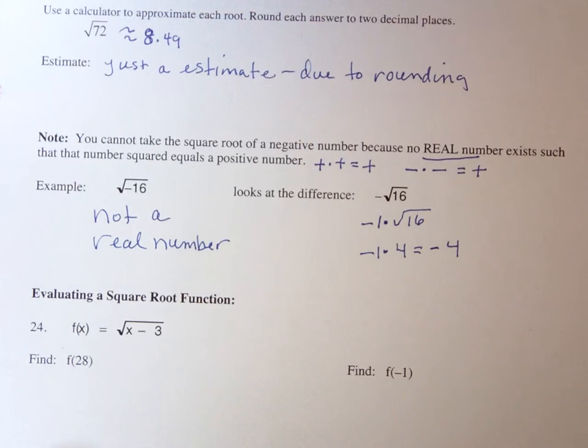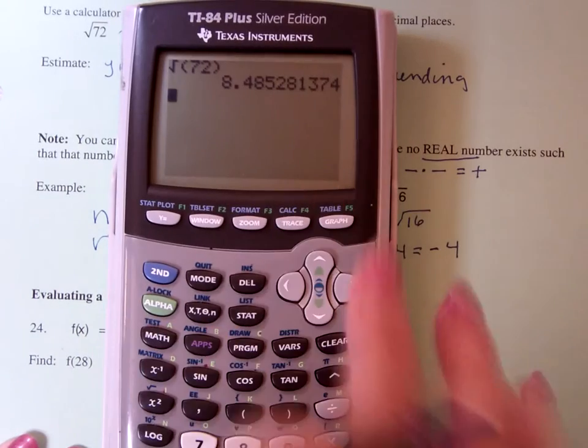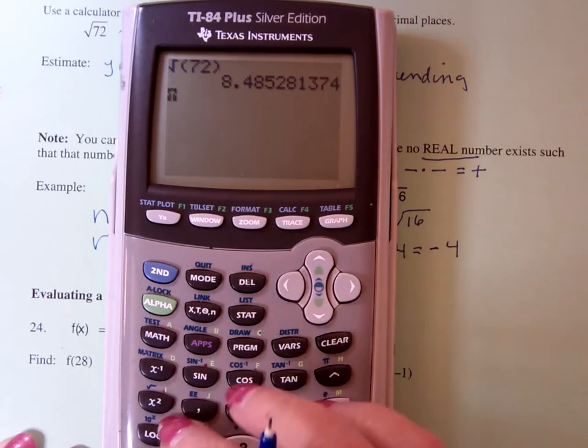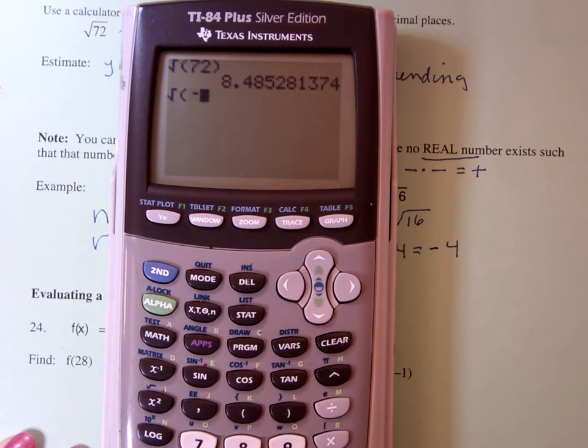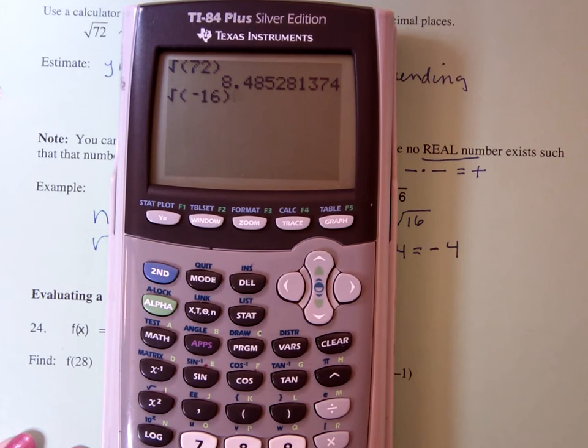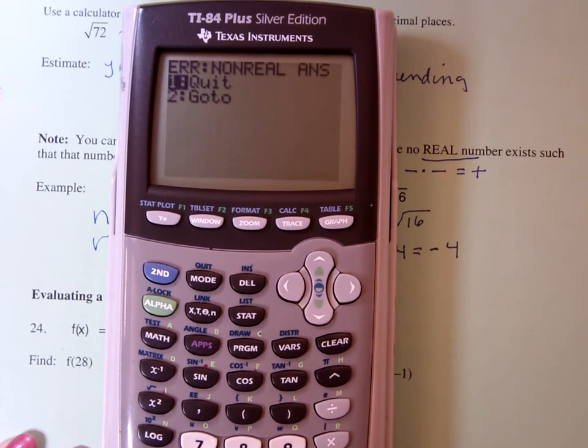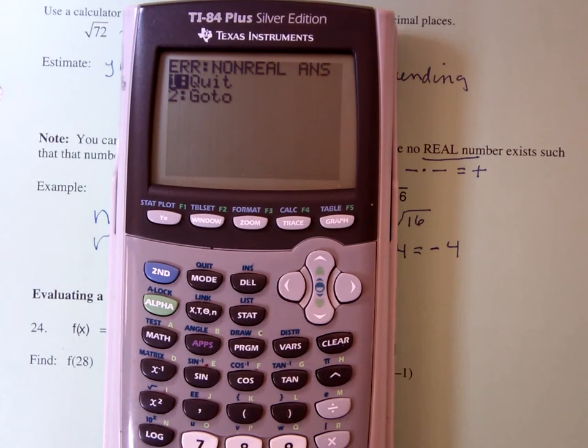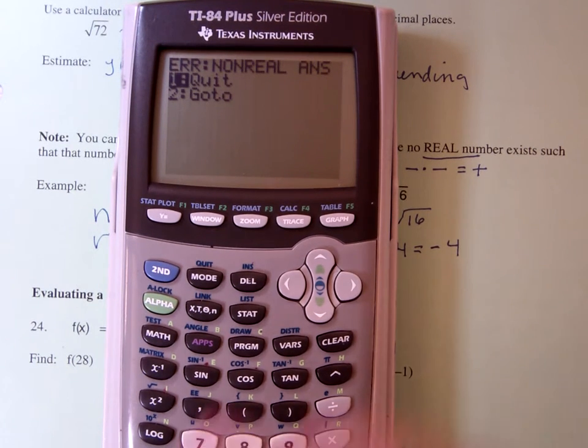When it's on the inside, depending upon how I have my calculator set up, if I were to try to do the square root of negative 16, notice what it comes down to. Not a real answer. That's because the negative's on the inside.